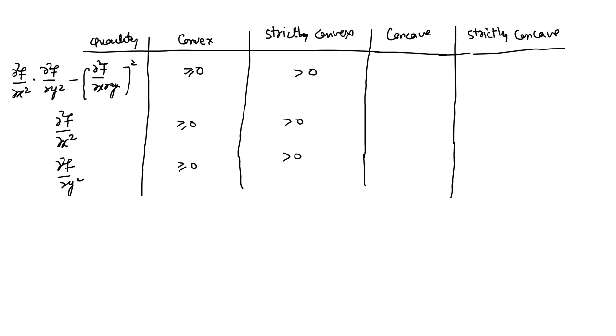For concavity, this should be greater than or equal to 0, and del square f upon del x square less than 0, and del square f upon del y square less than 0. So this is said to be concave. And strictly concave means this is greater than 0, and these are less than 0 and less than 0.